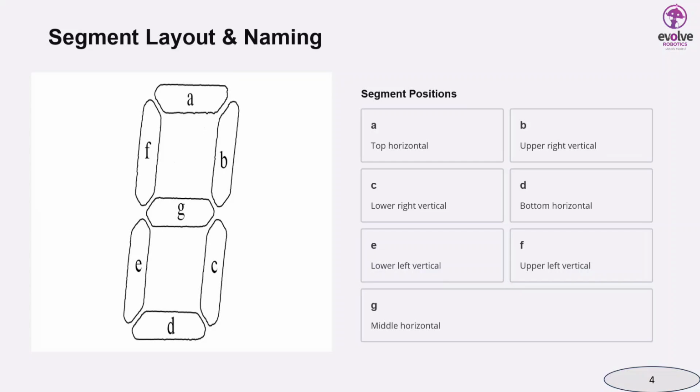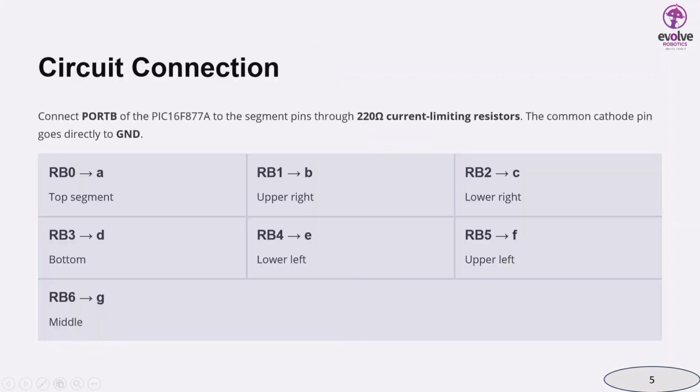Now let's check how to connect a 7-segment display with PIC16F877A. We use Port B of the microcontroller to connect these segments.